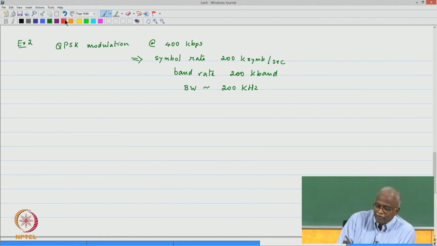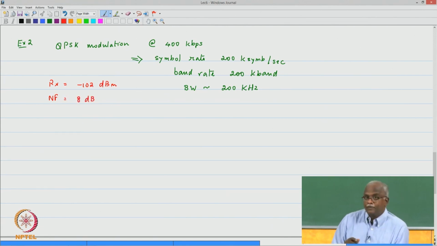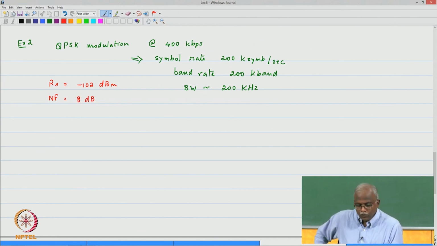Now, some additional information that is given to us. The received signal power is minus 102 dBm. We are also told that the noise figure of the receiver is 8 dB. So, now we would like to be able to understand how the system or the receiver is being designed.